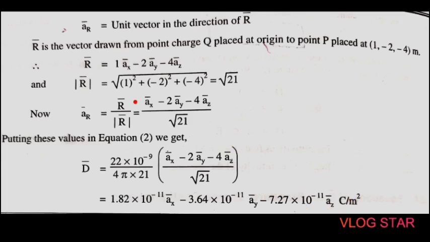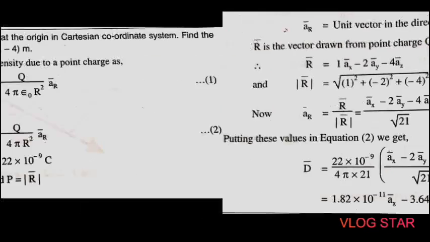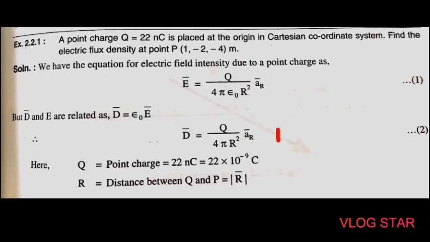So mod of R, the distance between the origin and the reference point P, is equal to the root of 1 square plus 2 square plus 4 square, which is root 21. Now we put all these values in equation number 2.